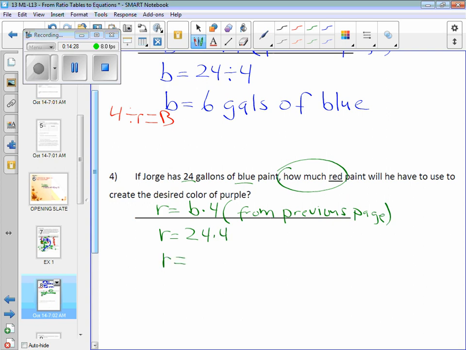Equation, substitution, now get an answer. Yeah, Charles. That's 24 times 2. Double it again. Don't try to guess. Do it. Use your multiplication facts and do it. What do you got? 96. 96 gallons of what? Gallons of red.